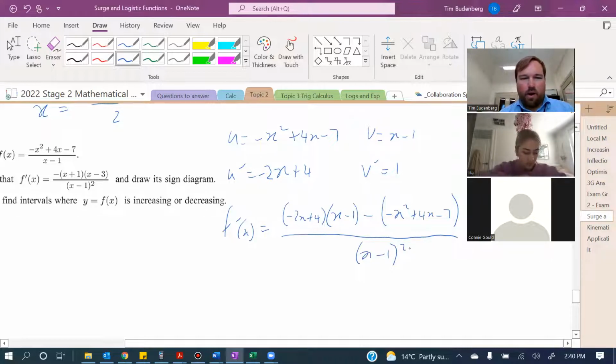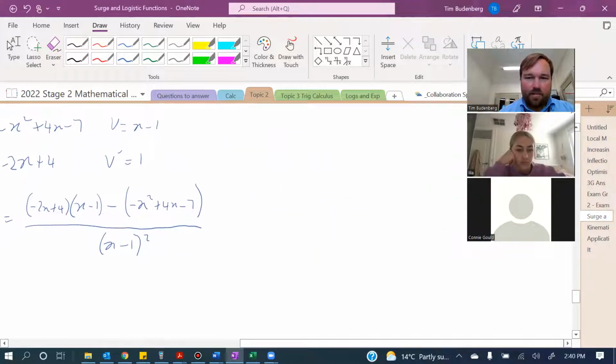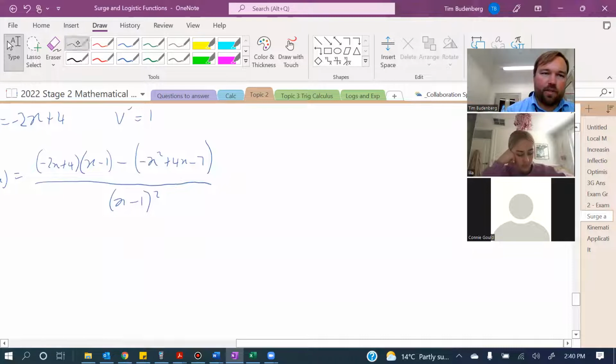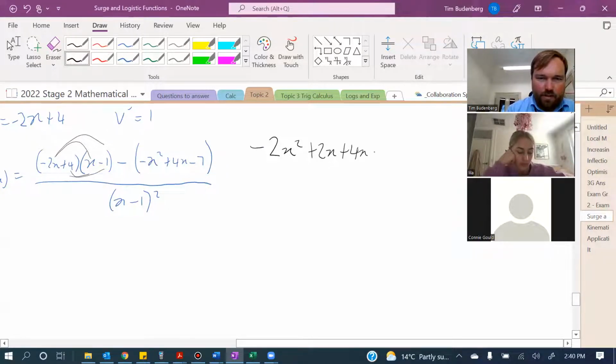Now we can see where it says show that, there's an x take 1 squared on the bottom, so we're happy with the bottom. It's just a matter of fixing up the top. In order to fix the top, I'm going to expand that out. Expanding gives minus 2x squared plus 2x plus 4x minus 4.